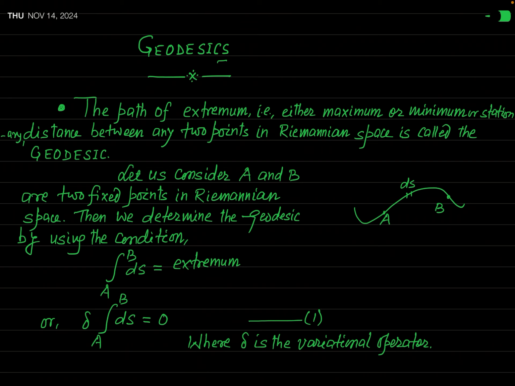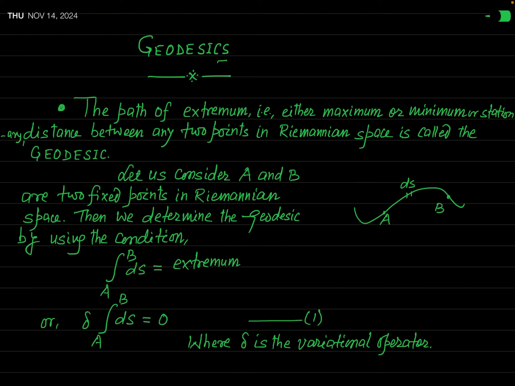If you are talking about Euclidean space, that is the three-dimensional geometrical space, and I ask you what will be the shortest path or the shortest distance between two fixed points in Euclidean space, definitely your answer will be that the shortest path between the two points in Euclidean space is simply a straight line.